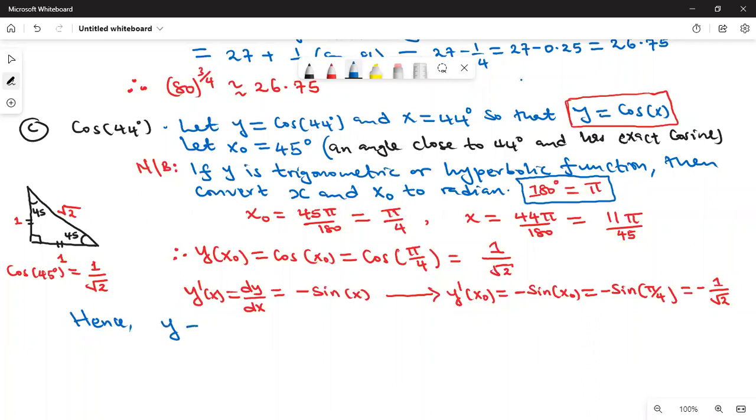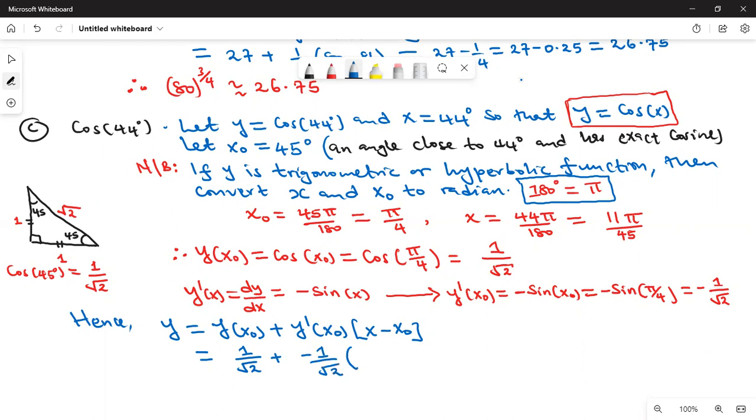the y that we need is now given by y at x naught plus y prime at x naught times x minus x naught. And we know y at x naught, we got that as 1 over root 2, plus y prime at x naught, we have found negative 1 over root 2, times x.